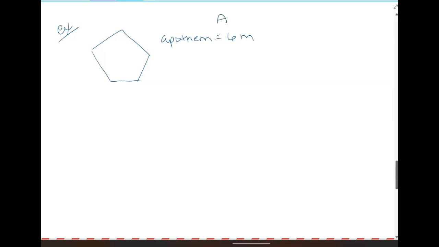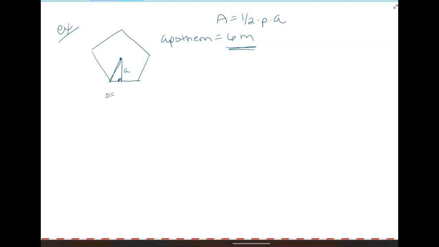Remember that we're using the formula area equals 1/2 perimeter times apothem. And so in a problem where they give you the apothem, actually your life is easier because all we have to do is find the perimeter, which means for our shape, we just have to find that side length. So, okay, again, we're going to draw in our right triangle and label the information. This is the apothem. This is that opposite side that we don't know.